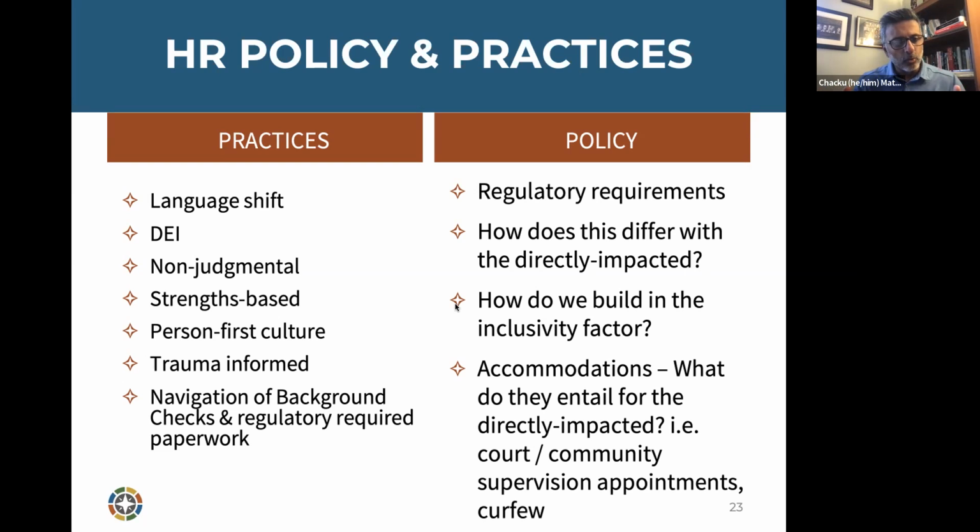Depending on the way that background check goes, there will be either a denial or an approval, and in between there are some conditions, a not denial, but we're not approving either. So in that in-between space, it's important for organizations to develop their own structure of how we are going to make decisions about hiring when someone is in that in-between space.